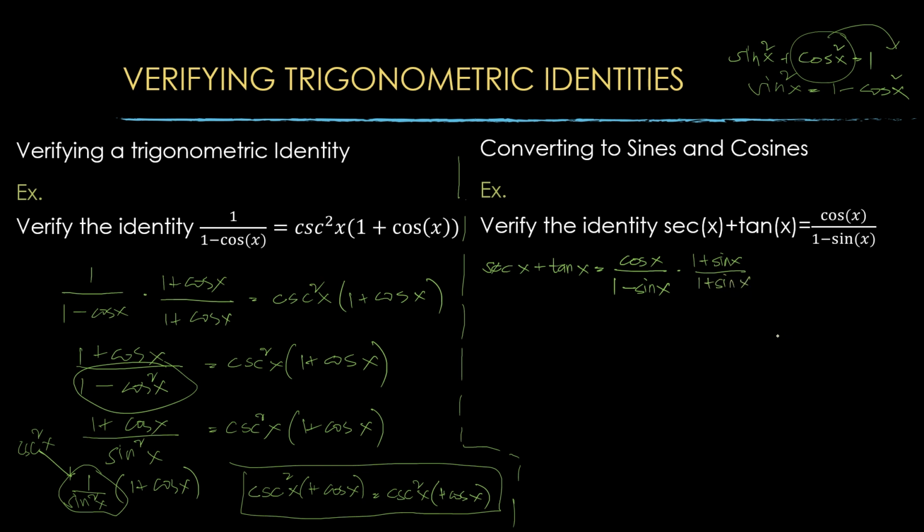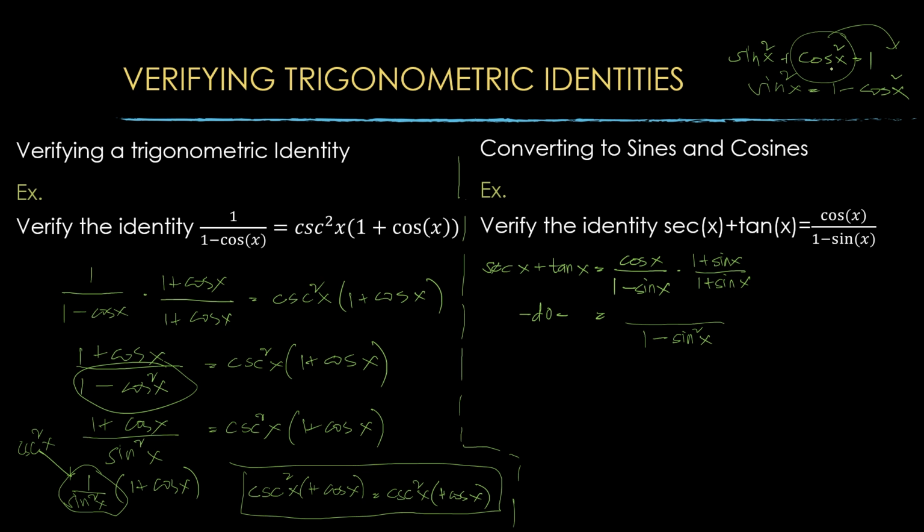Why should we multiply this one? In order for the denominator, meaning this is the same with the second line, to be equal to 1 minus sine of x squared. And what is 1 minus sine of x squared equal to?